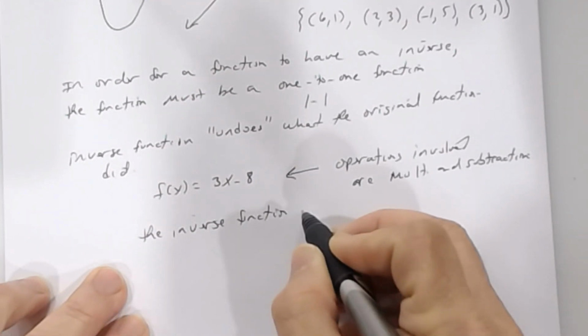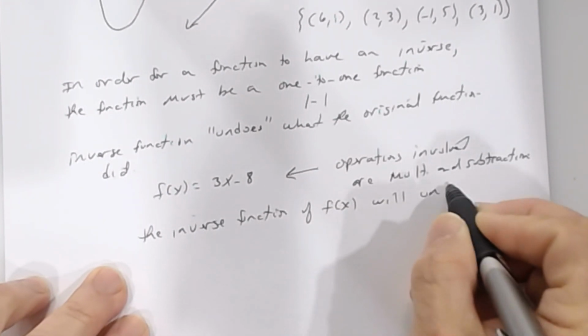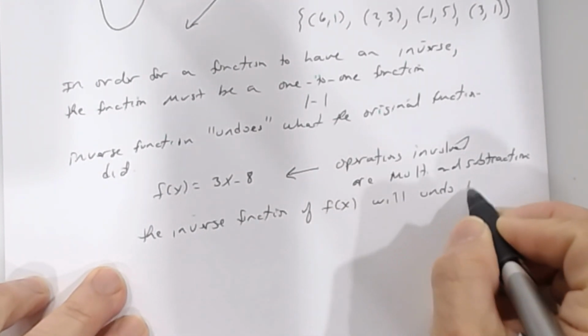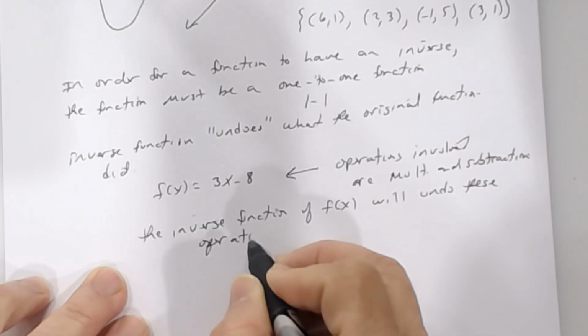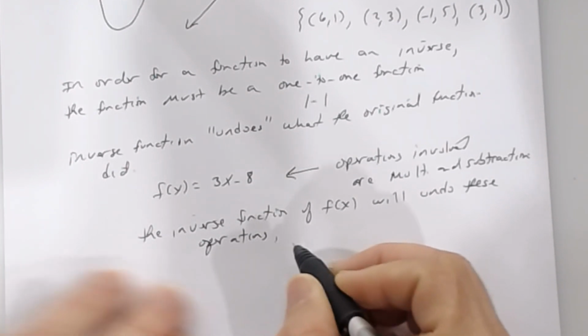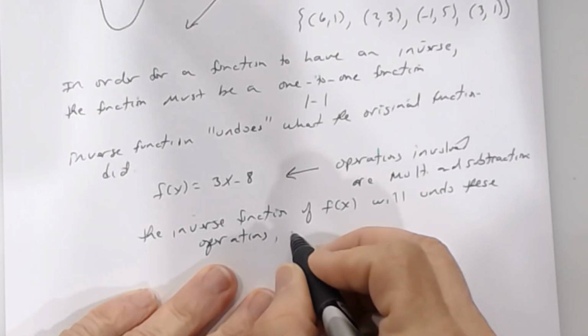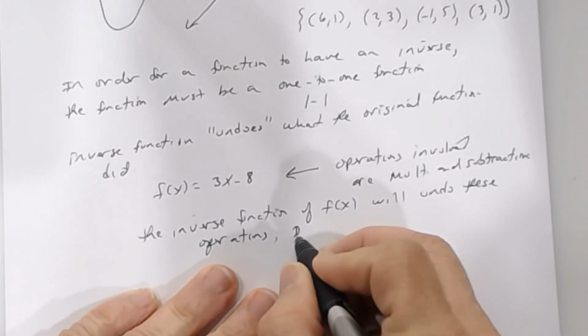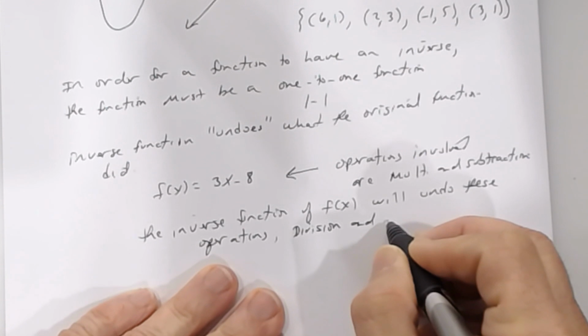So the inverse function of f of x will undo those operations. So the operations that it will impose are division and addition.